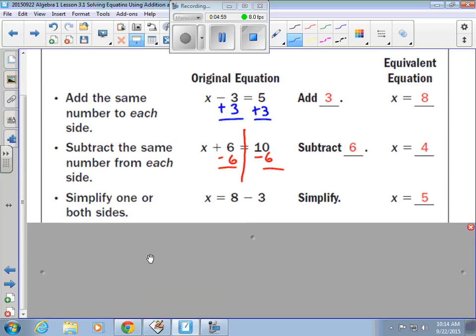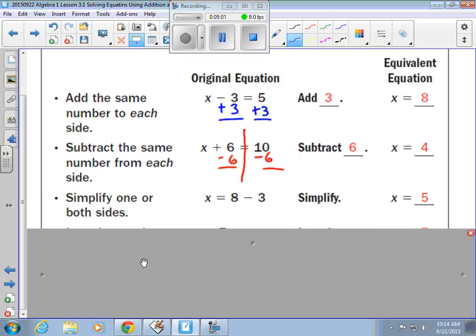The next transformation is simplifying one side or both sides. This makes an equivalent equation, but notice x is already by itself. In these first two examples, x has something subtracting from it and something adding to it, respectively. In this example, x is all alone.